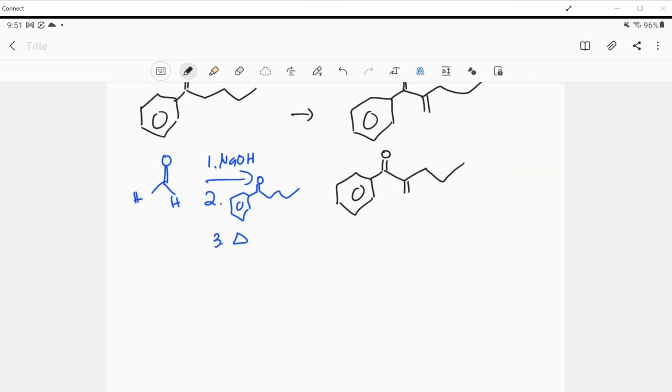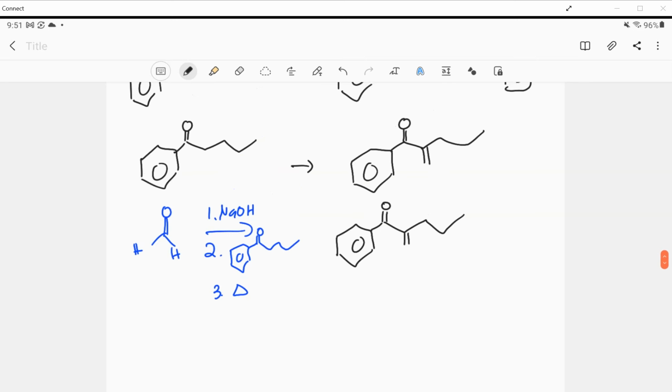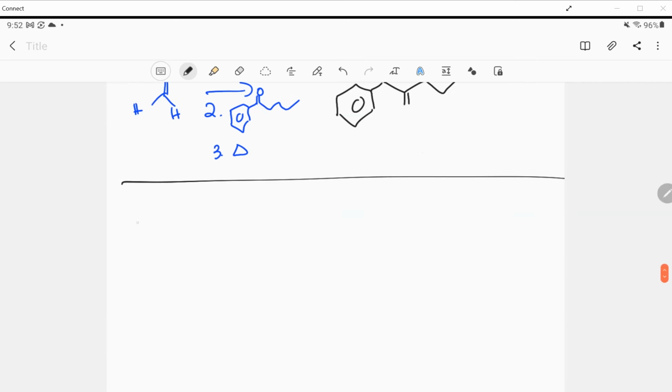Okay, let's go with... any other questions on any of these, 5 or whatever reactions we just did on this molecule? Alrighty. Let's do the following then.